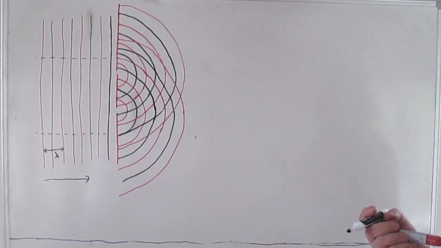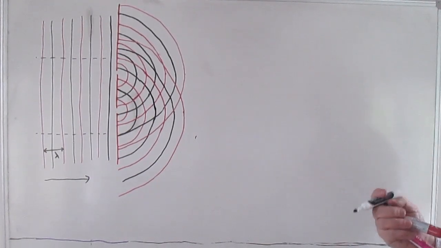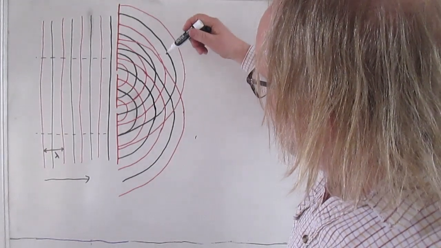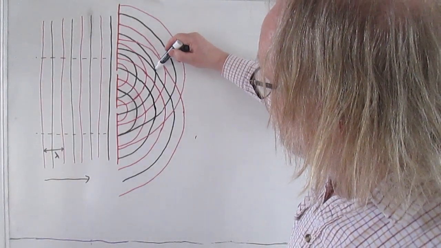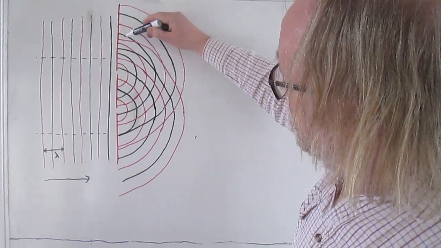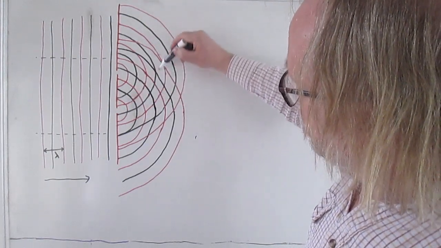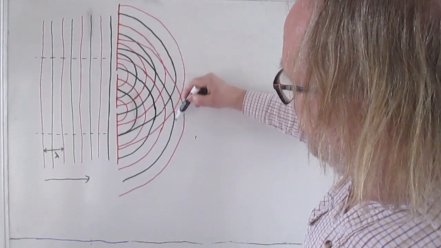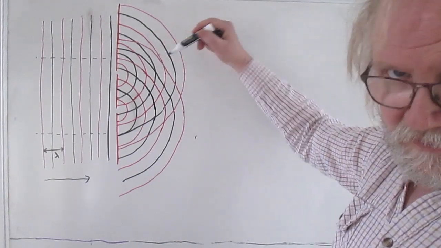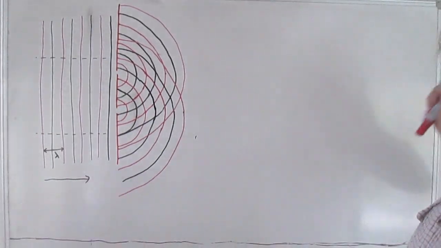In other words, we get interference, so that in some places, here for example, if we look at this point there, you can see that we've got a trough in the wave spreading out from this point, and we've also got a trough in the wave spreading out from this point, because it's black in both cases. So at that point we've got trough superimposed on trough, so we're going to get a deeper trough.